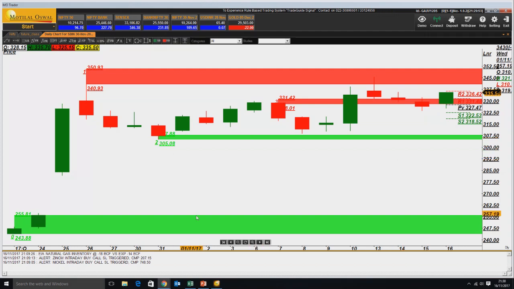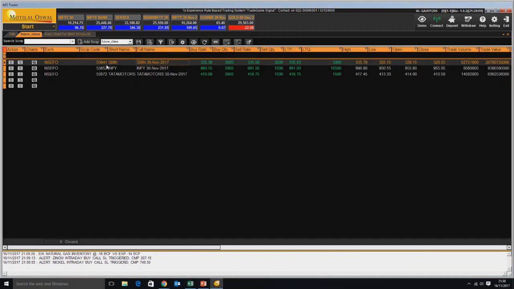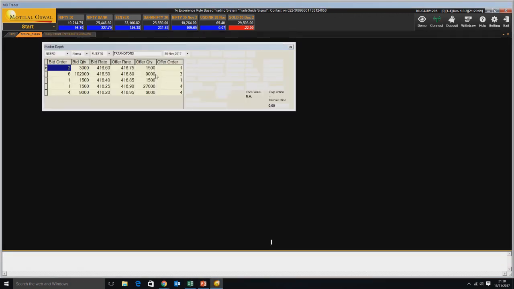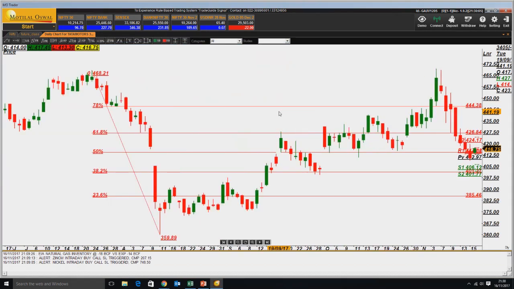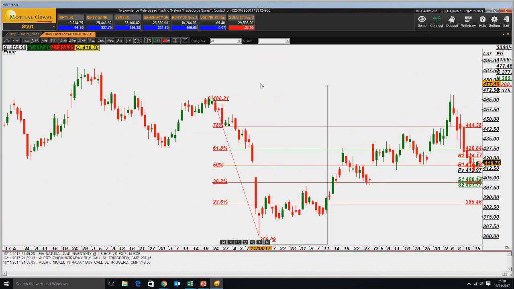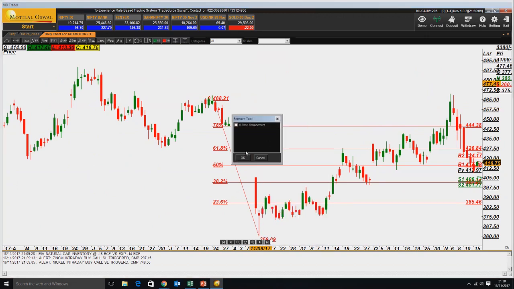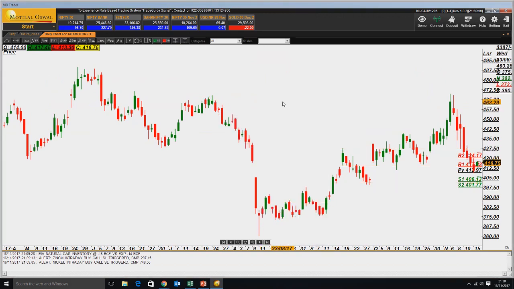Now let's go for another one, which is Tata Motors. Here I'll go with the daily chart. I just remove all the tools here. Okay. And here I will simply draw my major support and resistance band.